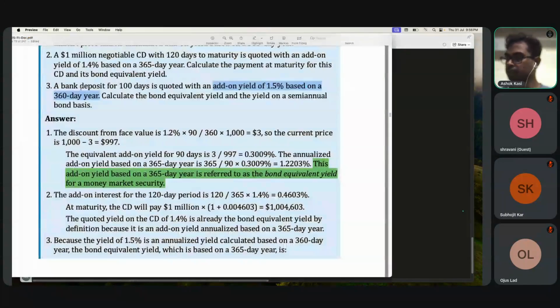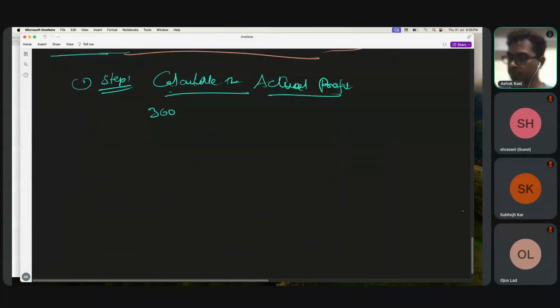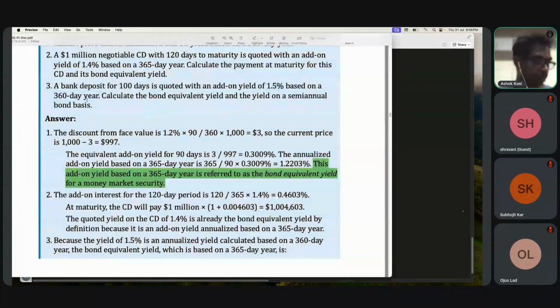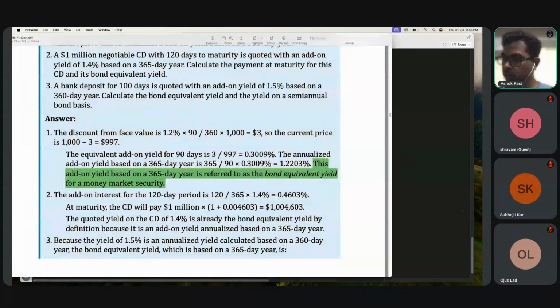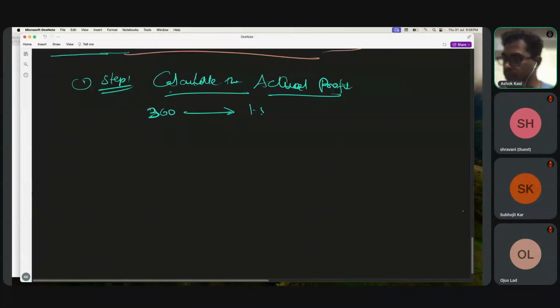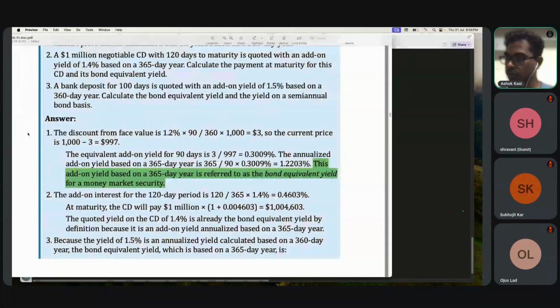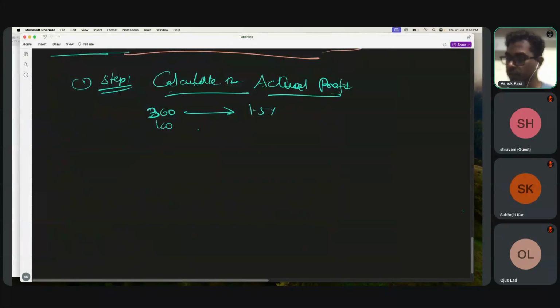See, in 360 days, it is 1.5 percent. So what is the actual number of days? 100 days. For 100 days, how much?